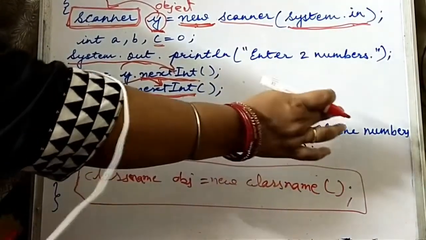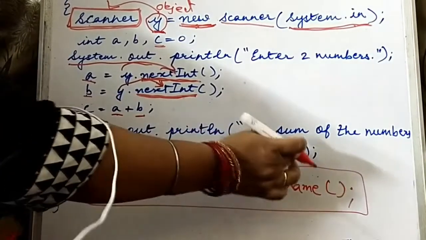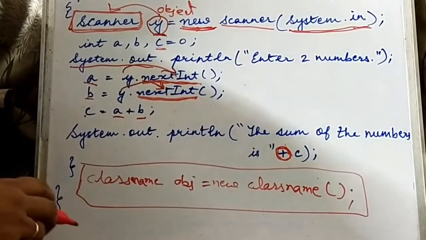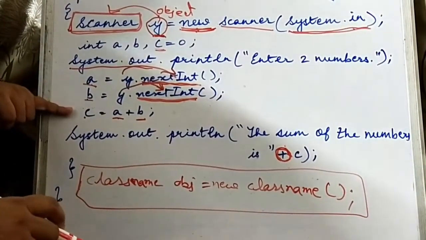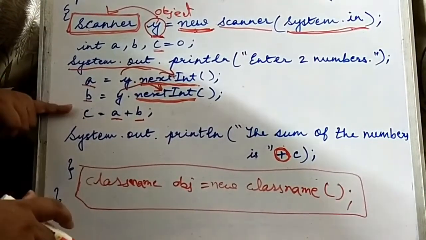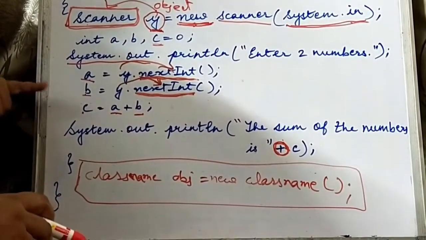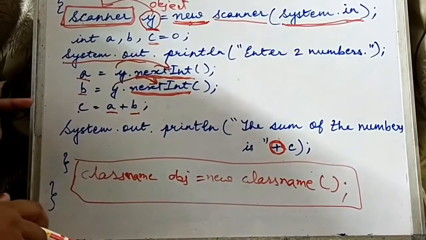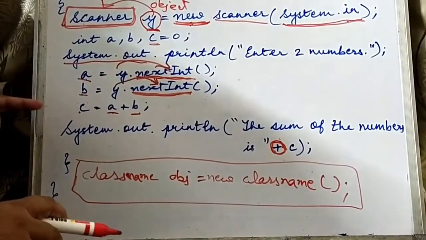So the sum of the numbers is c, and it will give you the answer in c. Whatever value you have entered in a and in b, both will be added up and stored in c, and that will be printed in the output statement.